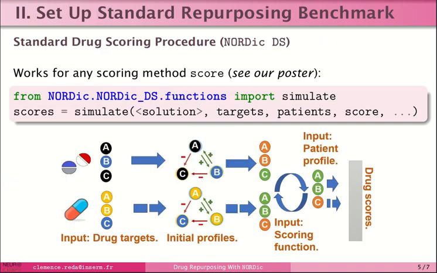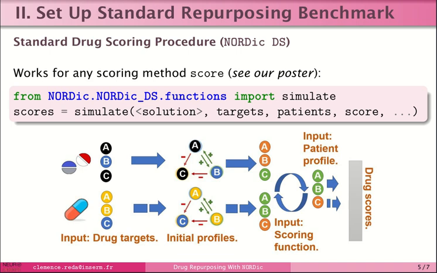Second, using the inferred network, we can now score drugs based on the transcriptomic effect. Module NORDic drug simulation implements a generic pipeline for scoring drug effect based on the post-treatment profile predicted by the Boolean network. It uses drug targets and patient data to set the initial profile of Boolean networks, which then reach attractor reachable states under the drug perturbations.